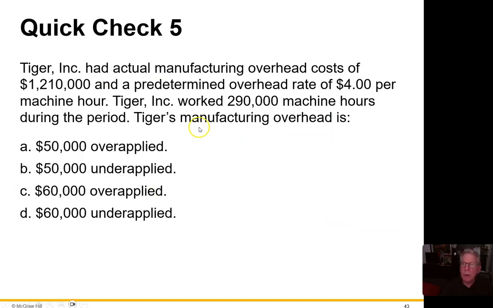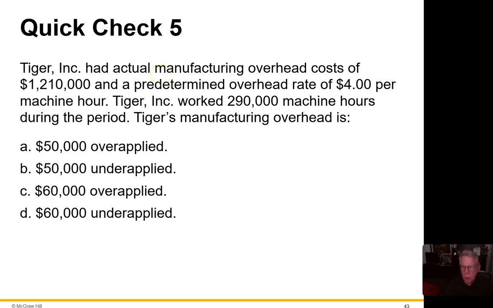Here, Tiger had actual manufacturing overhead cost of $1,210,000 and a predetermined overhead rate of $4 per machine hour. Tiger works 290,000 machine hours during the period. Tiger's manufacturing overhead is what?